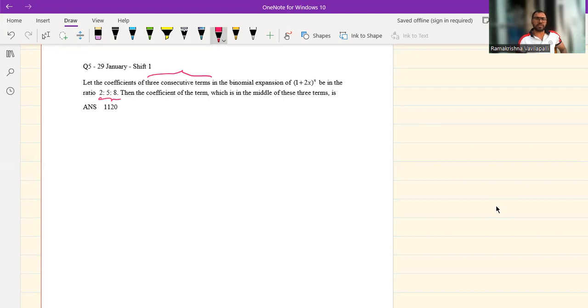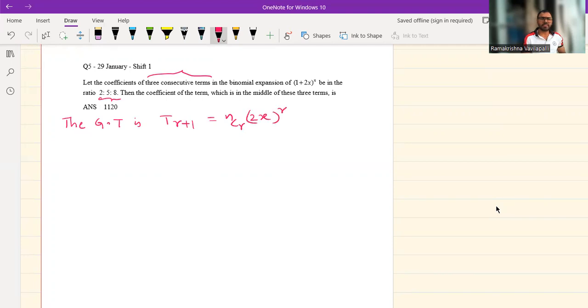They are asking the coefficient. So here you see, what is the general term? We know that T(r+1) = nCr (1)^(n-r) (2x)^r.